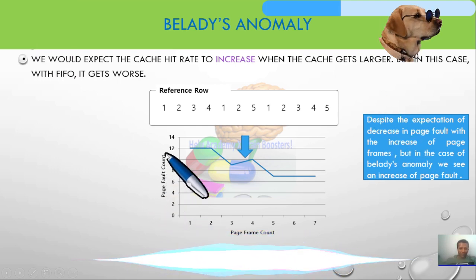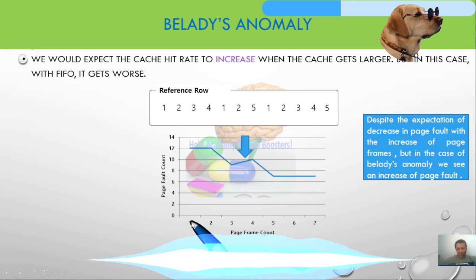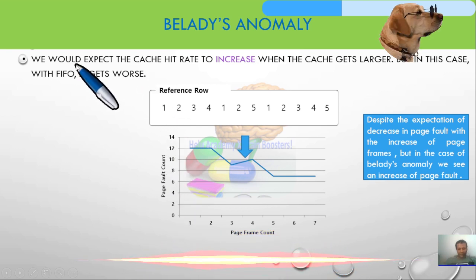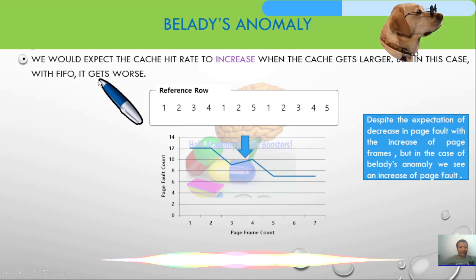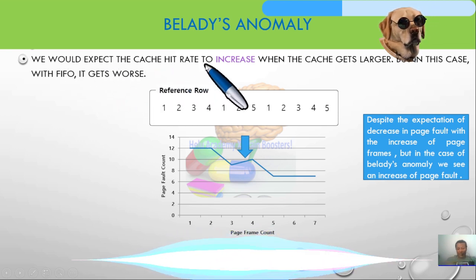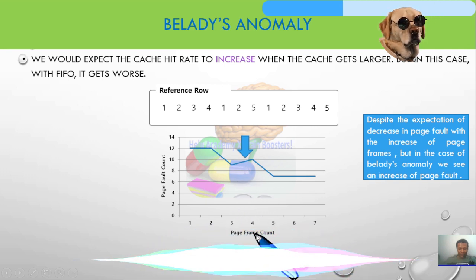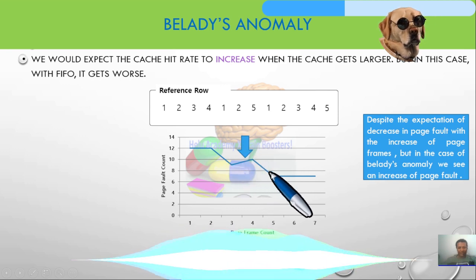As you can see, page fault count versus page frame count: when the page frame count increases, we expect the page faults to decrease, so the cache hits should increase. But here, when the page frame count goes from 3 to 4, the page fault count increased, which was unexpected.